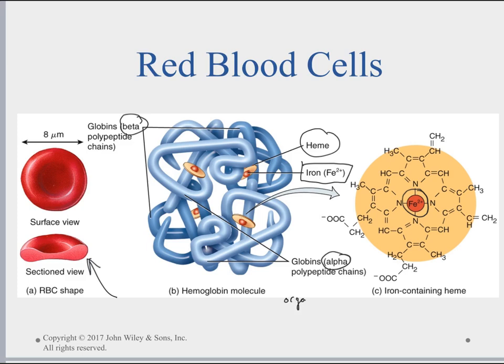So what are the organic components and what are the inorganic components? The only inorganic component that we're dealing with here is going to be the iron, and that's going to be important when we talk about the digestion and recycling of a red blood cell. So keep that in the back of your mind.